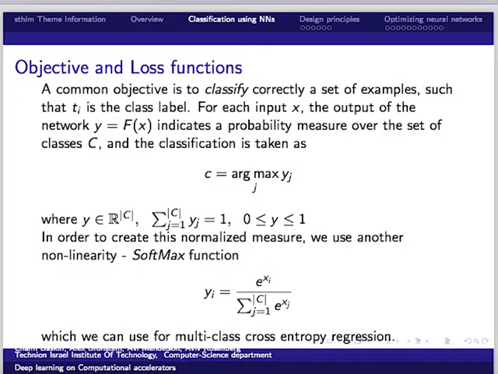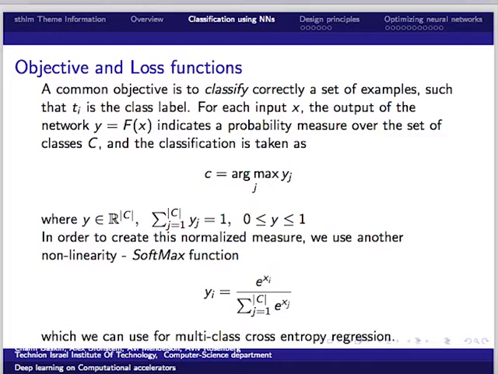So as you know, the common objective for classification is that for each input we have the output of the neural network. So we have our y as a function of some f(x). It indicates a probability measure over some set C, and our classification is taken as the maximum argument of yj, where j ranges over all our classes.